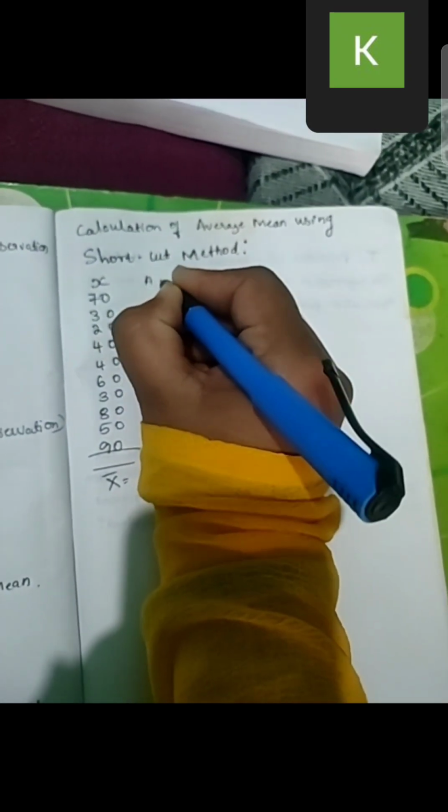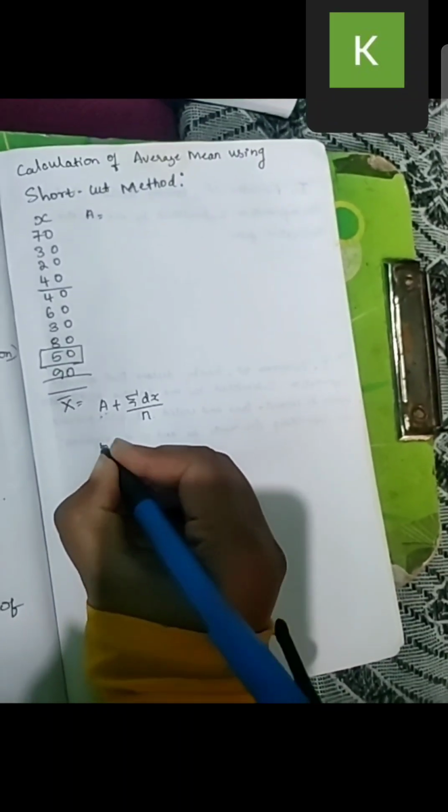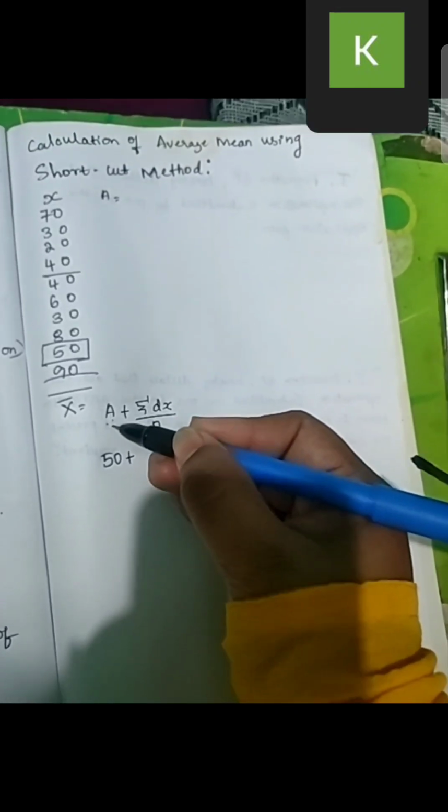For your understanding, I am assuming my A as 40, or we can go with 50. My assumed mean here is 50. Now I have found out what A is.